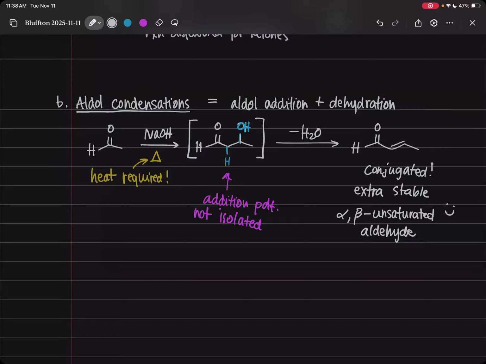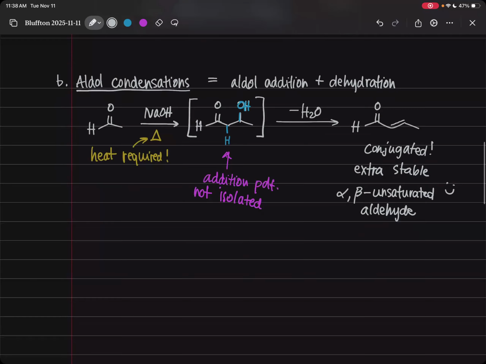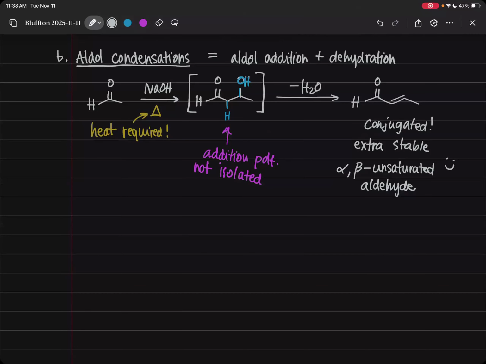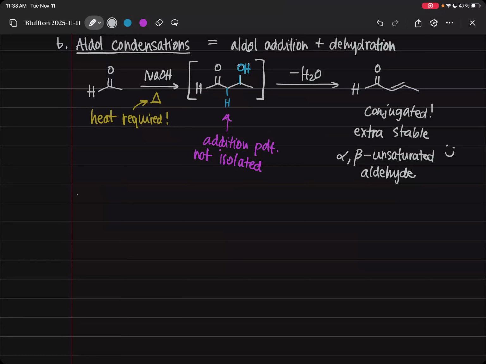So let's do, I'll use this one as the example for the mechanism. So the first step is just the aldol addition reaction.